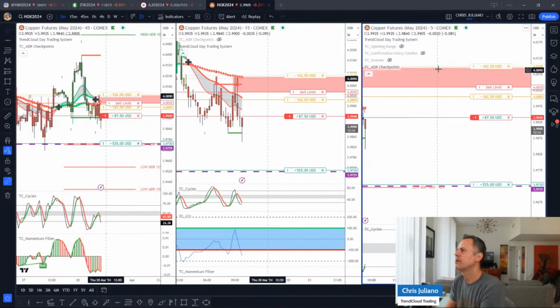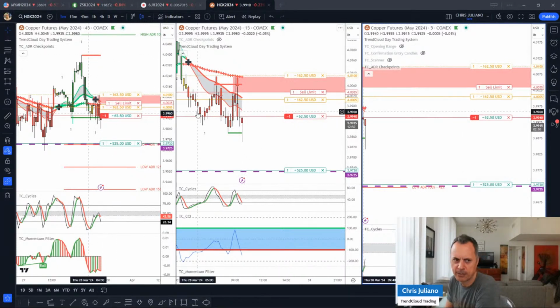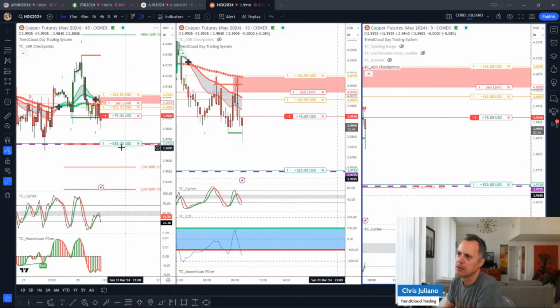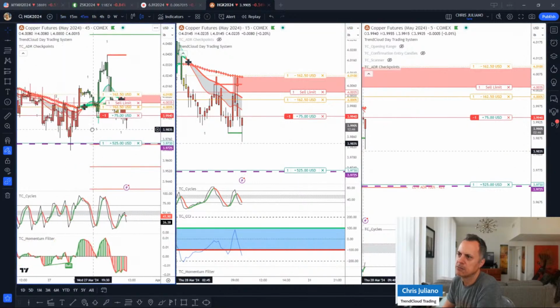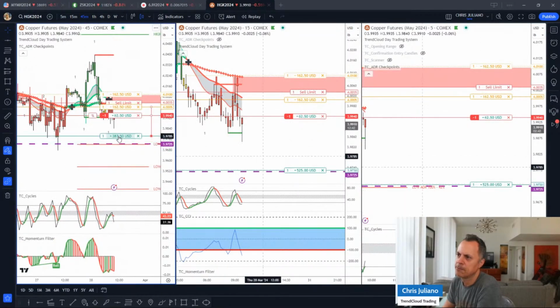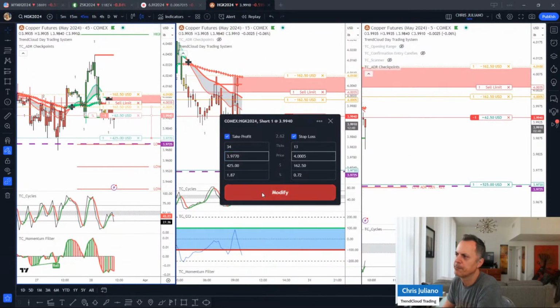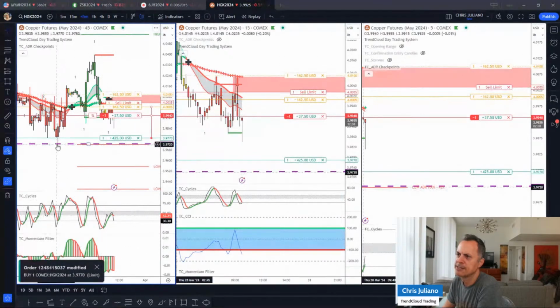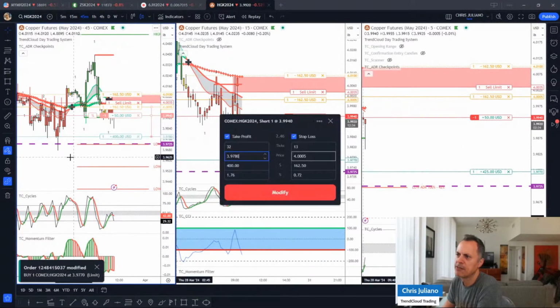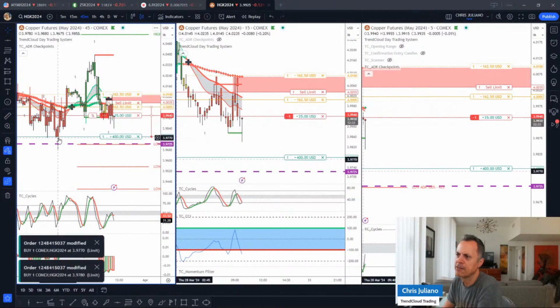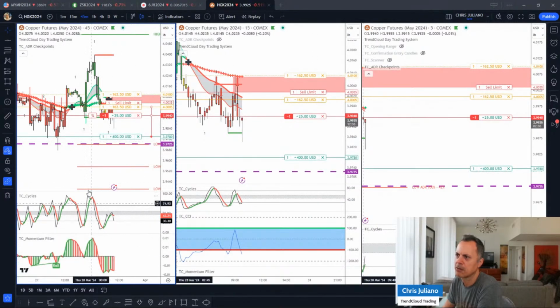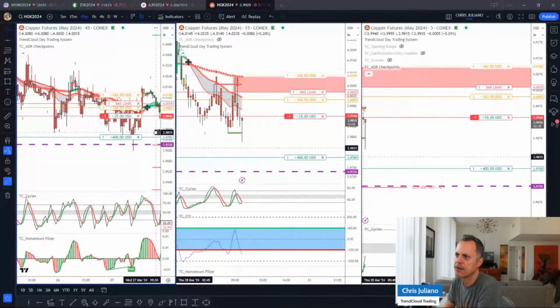We put 5-minute, 15-minute, 45-minute. Each time frame is 3 times bigger. On the high time frame, we've got our target here, right? There's the base of the candle right there.